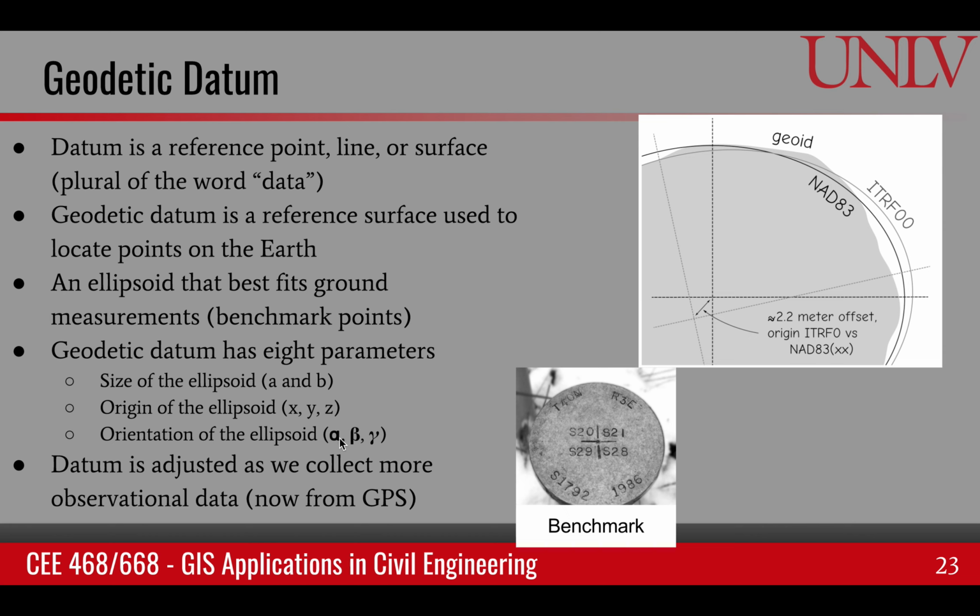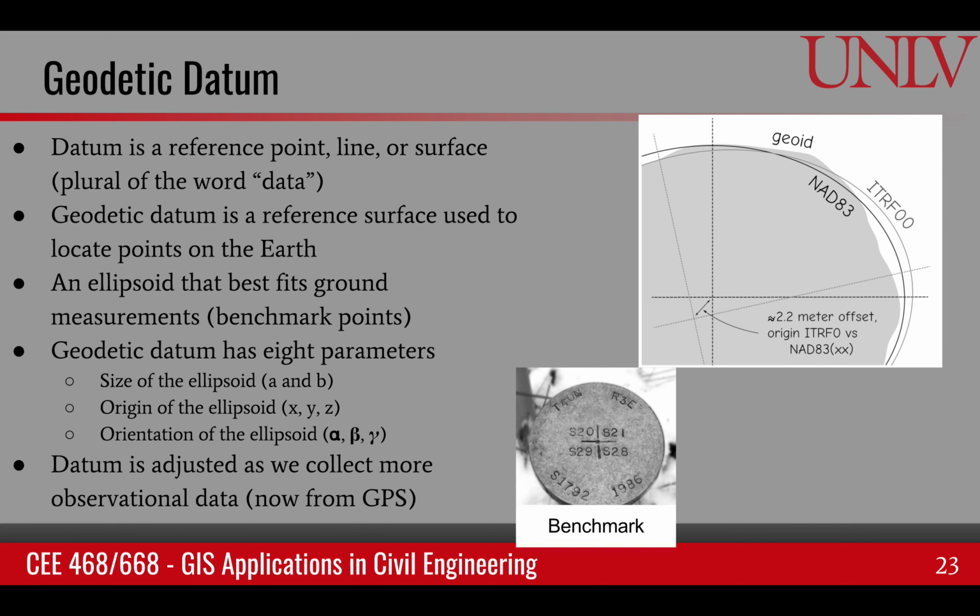And then there are 3 more parameters, alpha, beta, and gamma, that tell us the orientation of the ellipsoid. With these 8 parameters, we can exactly specify the ellipsoid that best fits, and we use it as our reference surface.